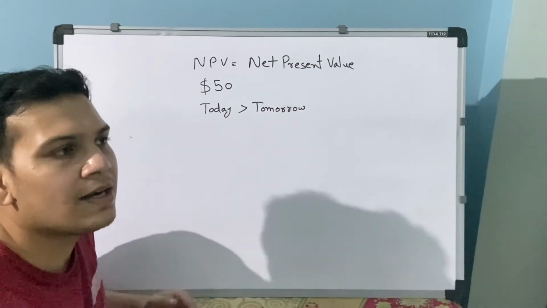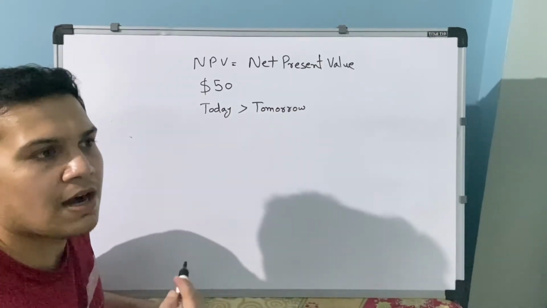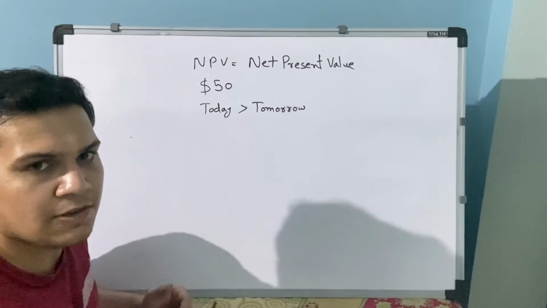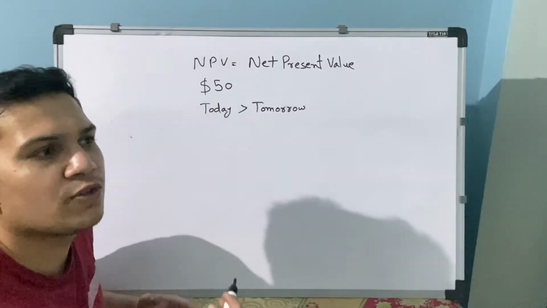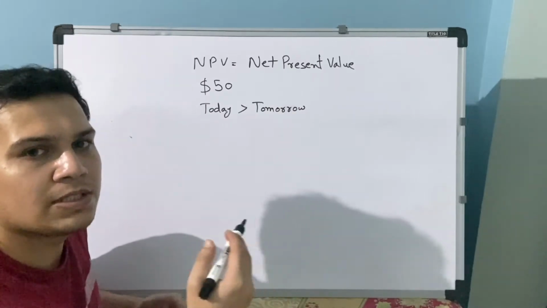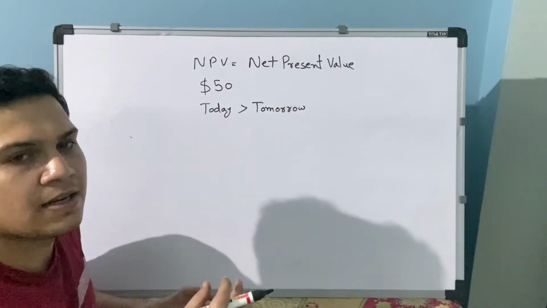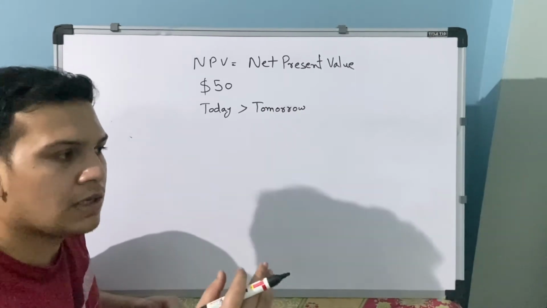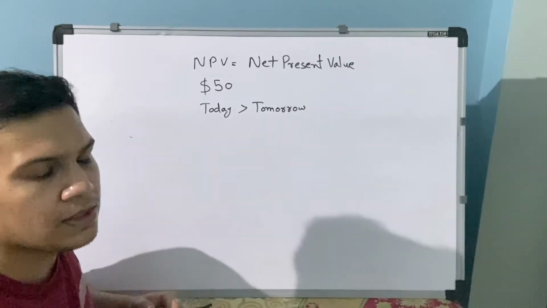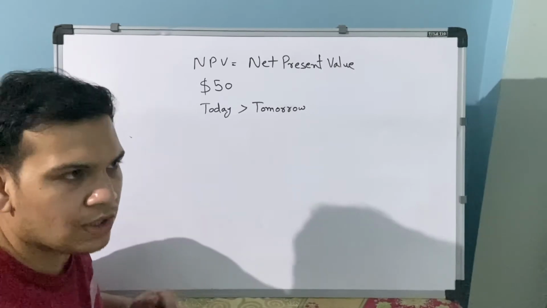Those are the cash flows after the initial investment. Some amount would be in the first year, some amount in the second year. We have to discount all of them so that we come to a present value, the sum of the present value of all. That sum is called net present value.